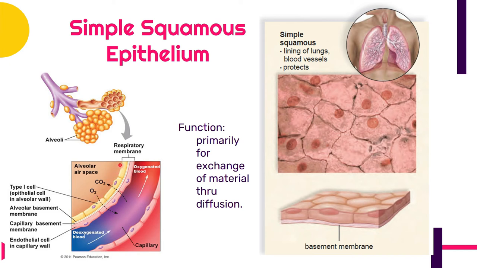If you imagine, let us say, stratified squamous epithelium, it would be difficult for the gases to diffuse. So, you get it now. This is what we call structure follows function. It is only made up of a simple squamous epithelium, the air sac and also the blood vessel, so that the diffusion of our gases is fast, which are oxygen coming from the air sac to the capillary to be carried by the blood, and then the CO2 from the blood will pass through from the capillary to the air sac. So, you get it now.